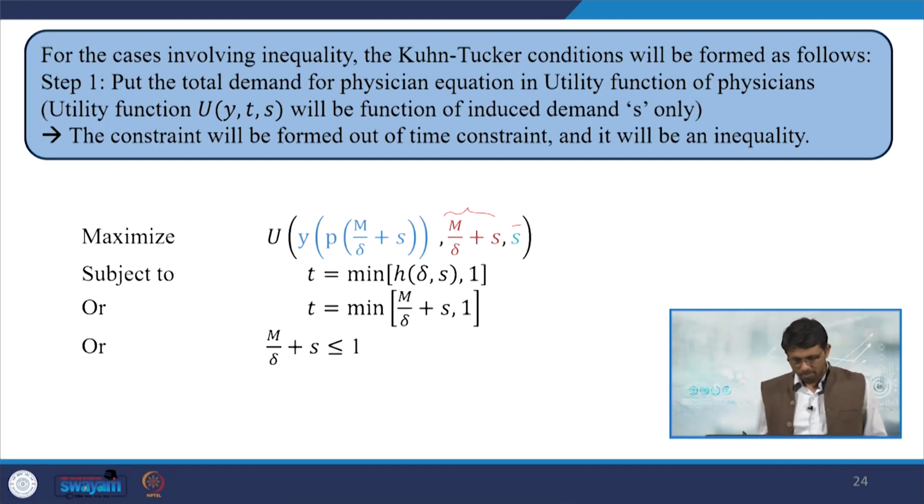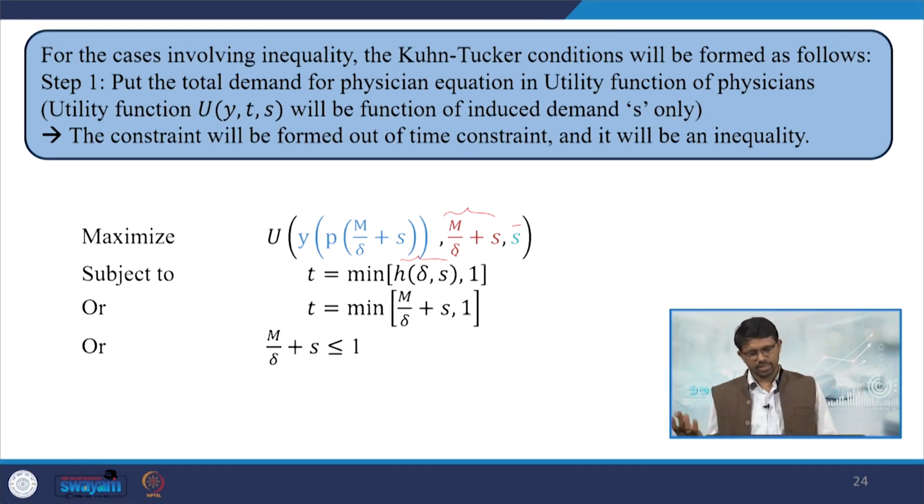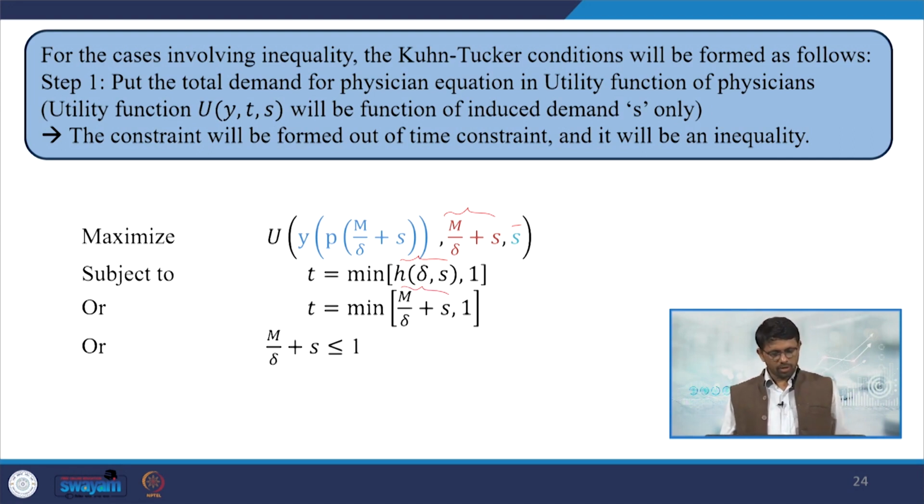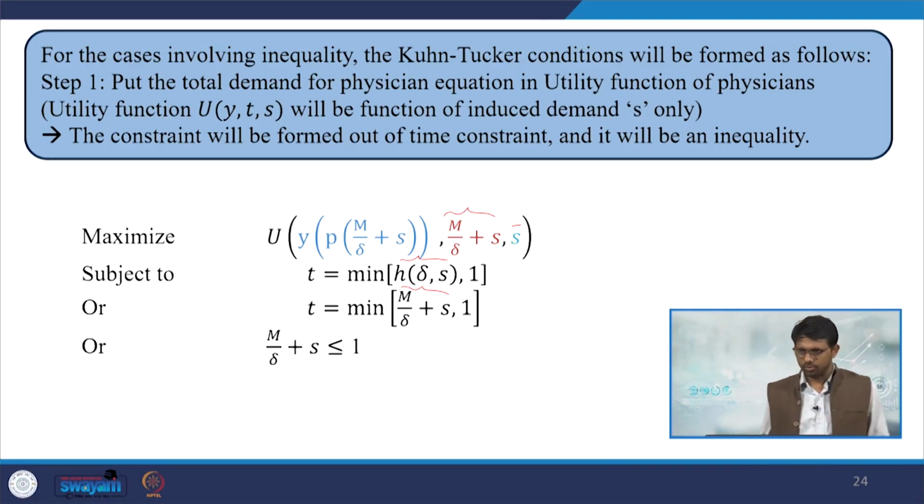So, subject to T, you can present it as the maximum fraction of time is 1, and then the healthcare services as a function of delta and S, or it is a function of the minimum of, that is H is basically precisely M upon delta plus S, this is what H is. And in short, we have already checked that the maximum time to be allocated is 1.